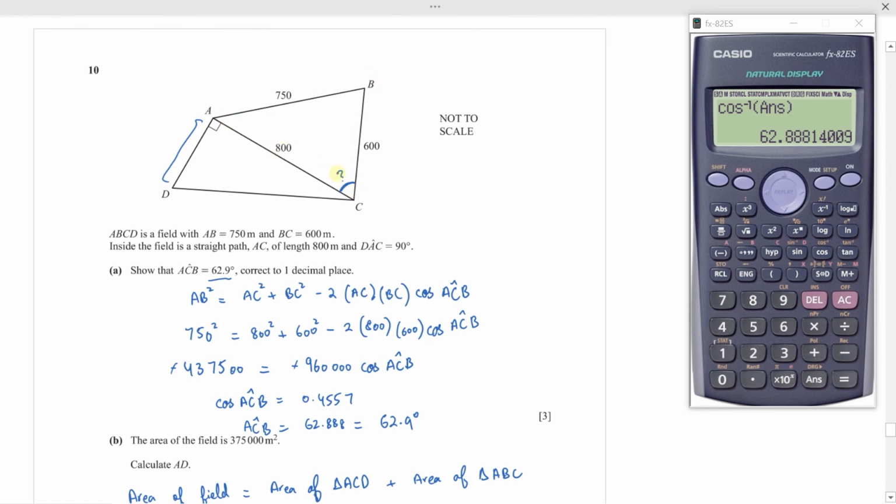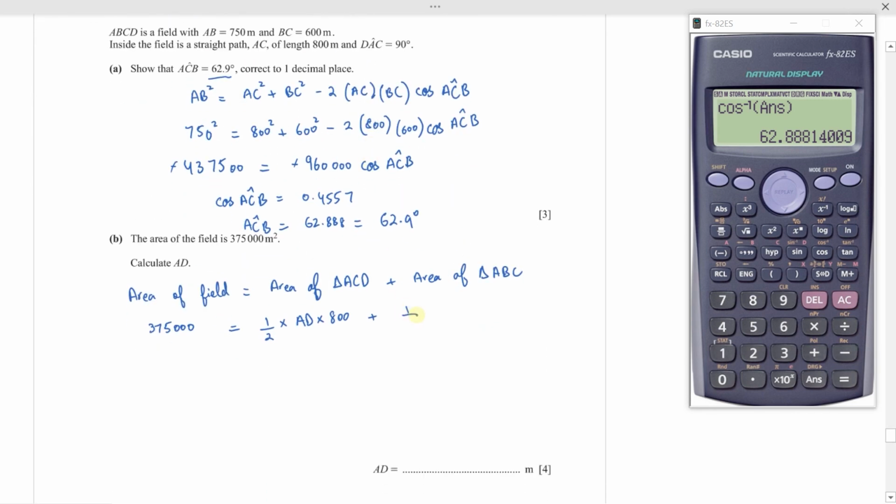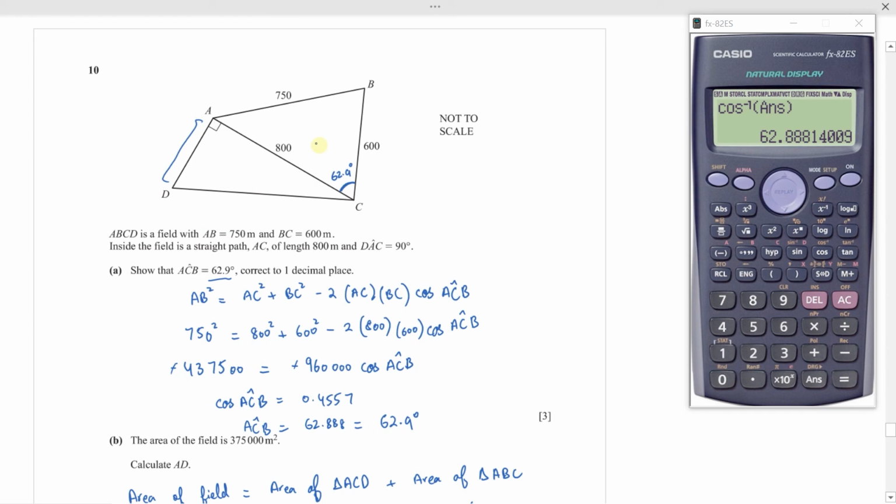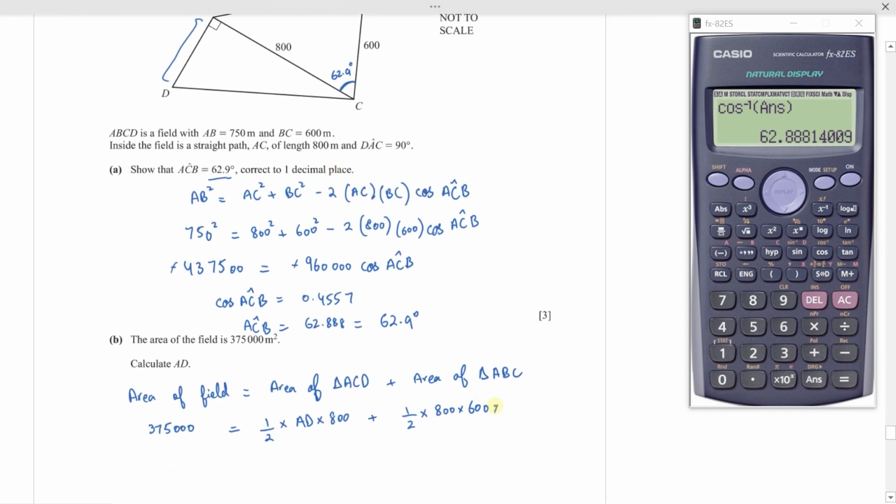So we know that this angle here is now 62.9 degrees, and I know the length of the two sides that make up this angle. So I can use the formula 1 by 2 into 800 into 600, which are these two lengths, into sine of the angle between them. So into sine of 62.9 degrees.